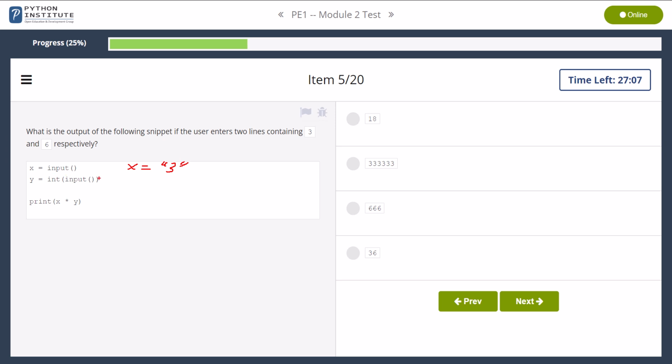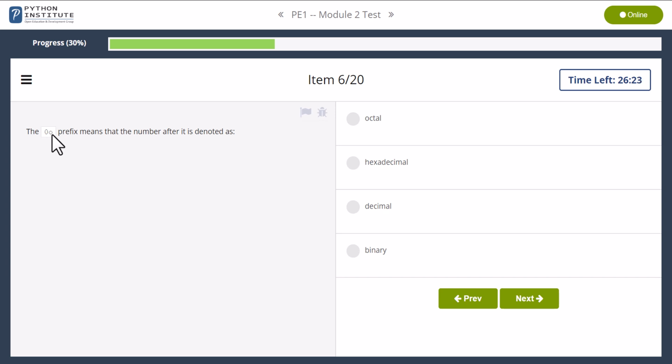An input function always returns a string. And y will be 6, but this will be the integer number, because it's converted. And x multiplied by y is actually the string duplication operation in this case, and that has to produce a line of 6 strings like that. So that has to be the correct answer.